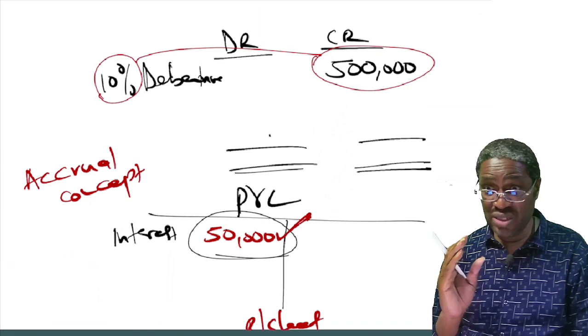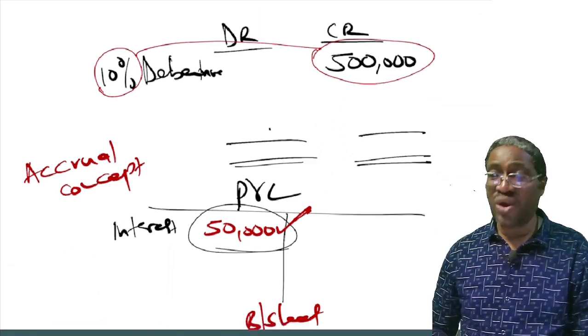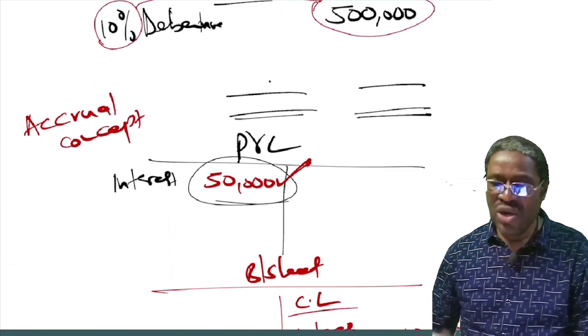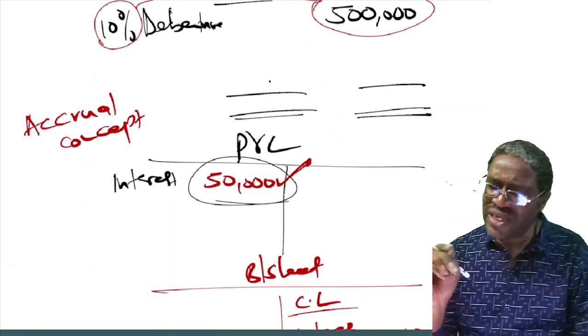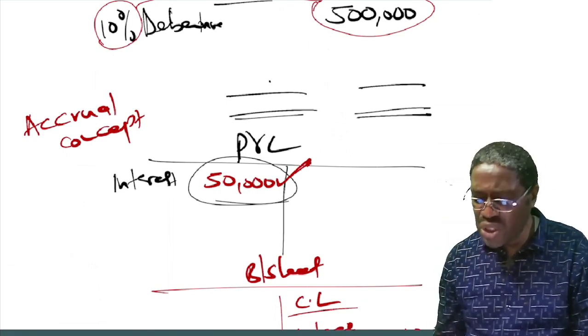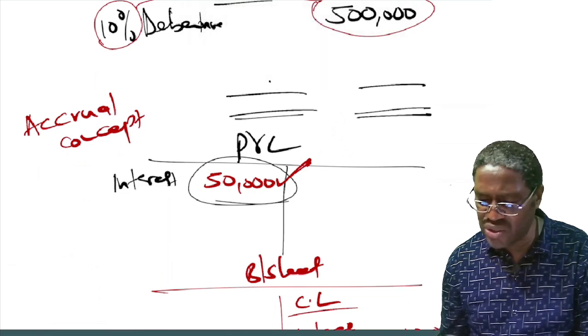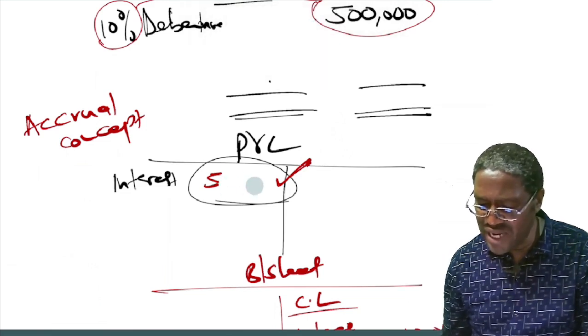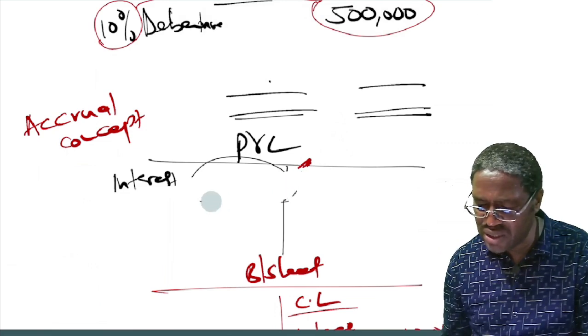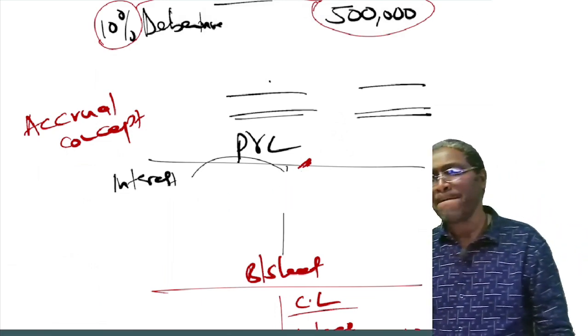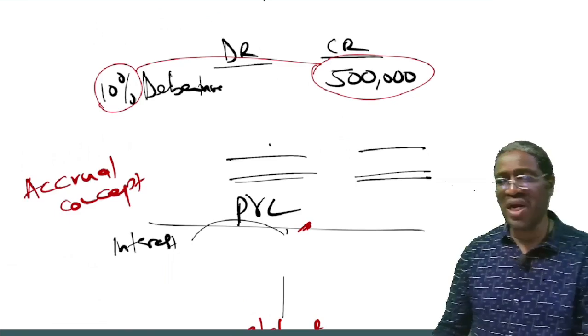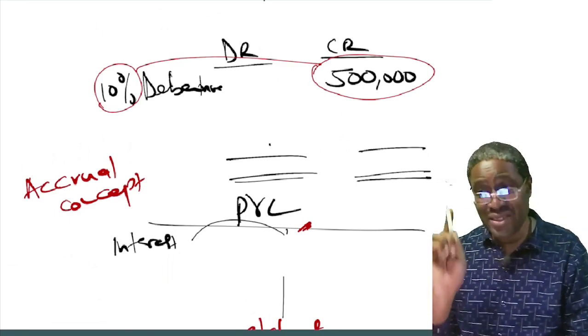So, listen to this. The question is this. When you are required to prepare the income statement, were you charging anything in the P&L account as interest? That's a question I want to ask you. Yes or no? Somebody help me answer there. Listen.